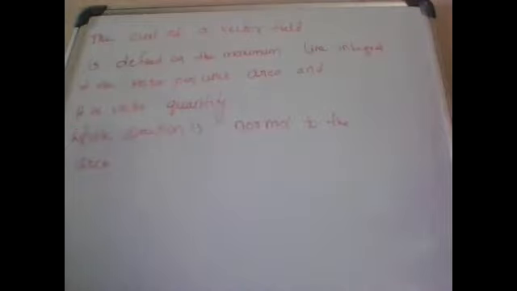So here we have one point: the curl of a vector field, meaning del cross A, is defined as the maximum line integral of the vector per unit area, and it is a vector quantity whose direction is normal to the area.